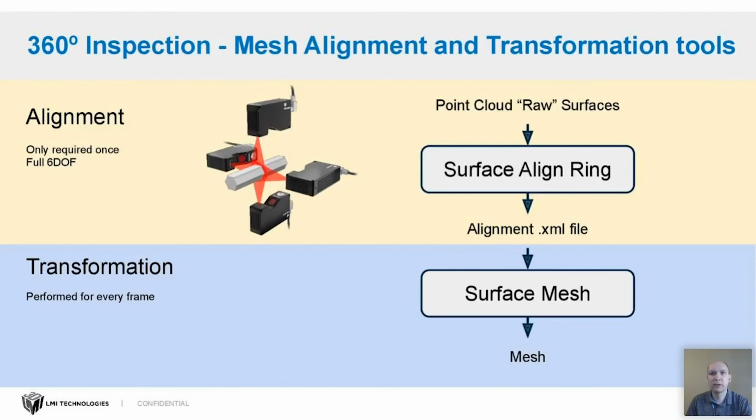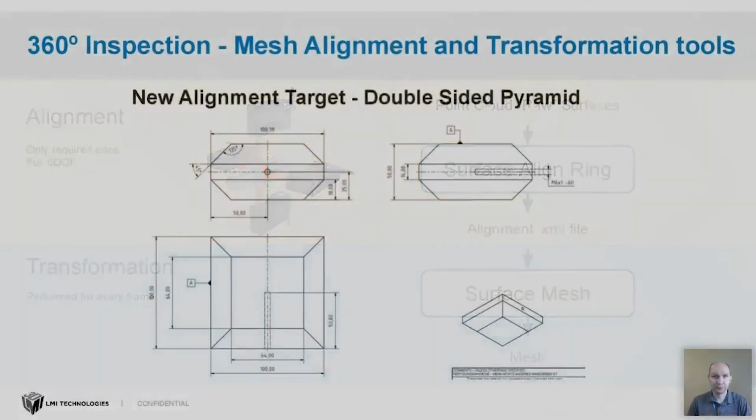And with that alignment, you now have a way of getting very, very high precision alignment in your surface data, and thus the ability to generate a mesh very accurately. So the alignment is something that you only perform once, and then the transformation through the surface mesh tool is something that you would be performing on every frame for everything that you scan, and it reads from the XML file to get those transformation parameters.